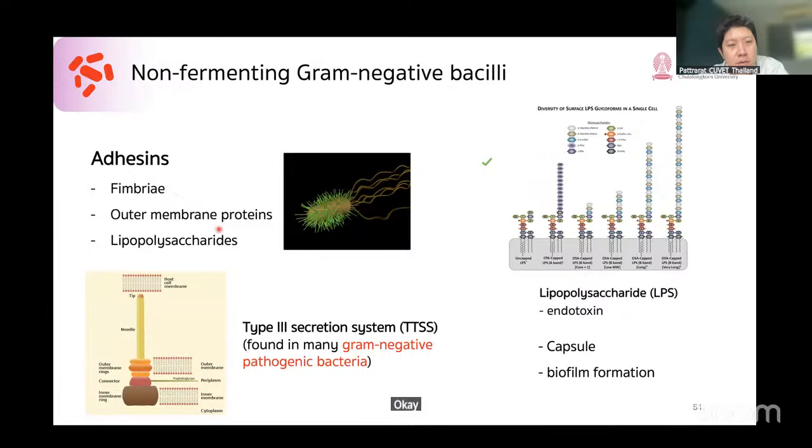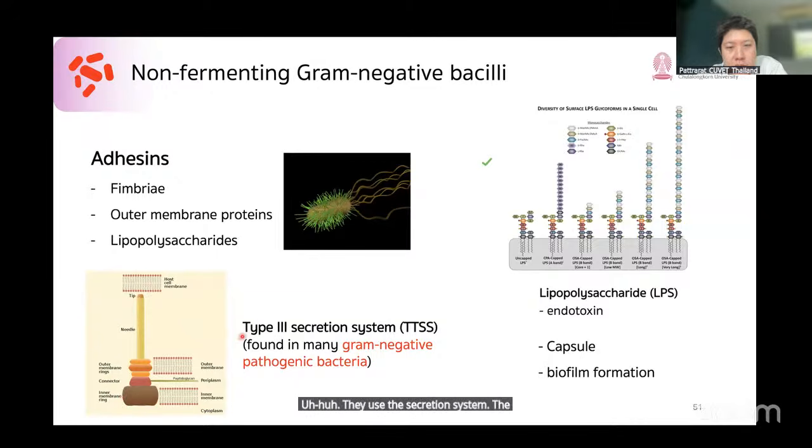Okay, and gram-negative bacterial species have lipopolysaccharide. This is an endotoxin that induces inflammation. And when gram-negative bacteria secrete toxins, they use secretion systems.